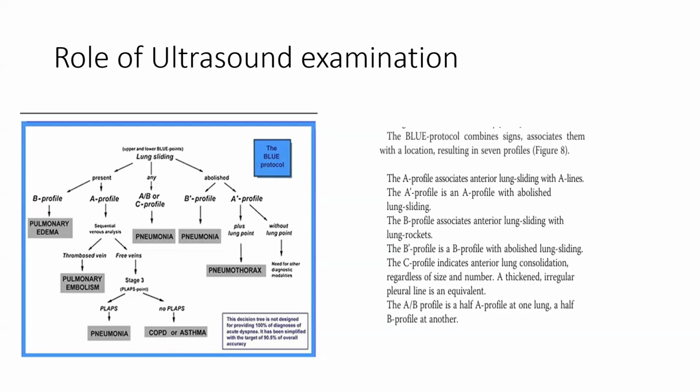If the AB profile or C profile is there, then it is pneumonia. If lung sliding is absent and there is a B profile, then the diagnosis is also pneumonia. And if lung sliding is absent and there is an A profile, then we can label it as pneumothorax.